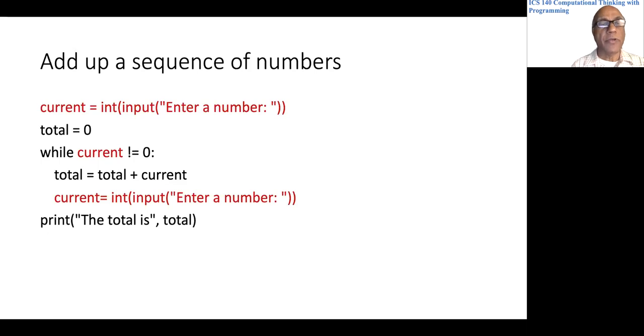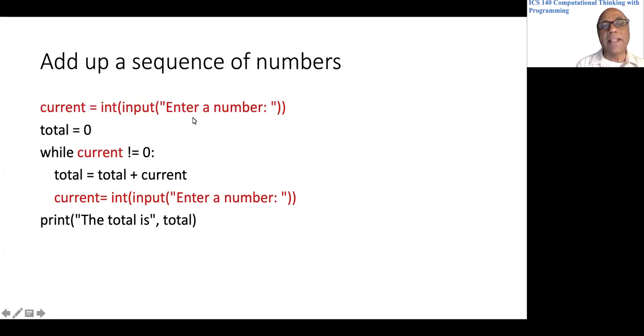Now, you might wonder what the reason is for my highlighting a few things here. This is very typical. I'm not saying it is going to be there all the time, but you can expect to see these kinds of structures when you write while loops.